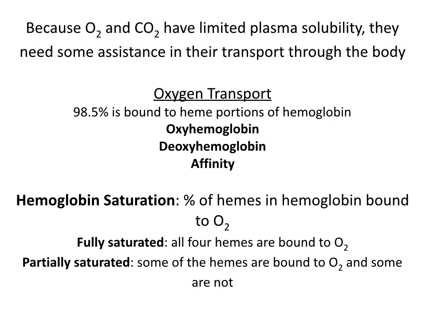Now, depending on your backgrounds, you might have heard the term hemoglobin saturation before. Hemoglobin saturation is basically saying here's the percentage of the hemes in hemoglobin bound to oxygen. So if you say that someone is fully saturated, it means all 4 of the hemes are bound to oxygen.